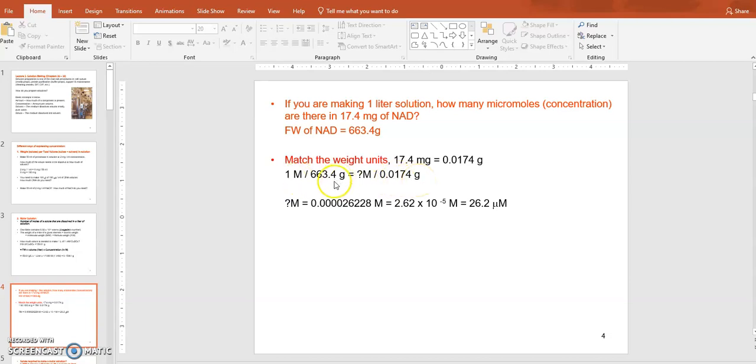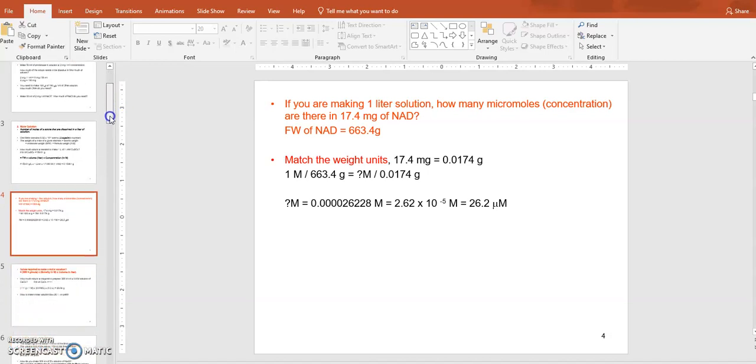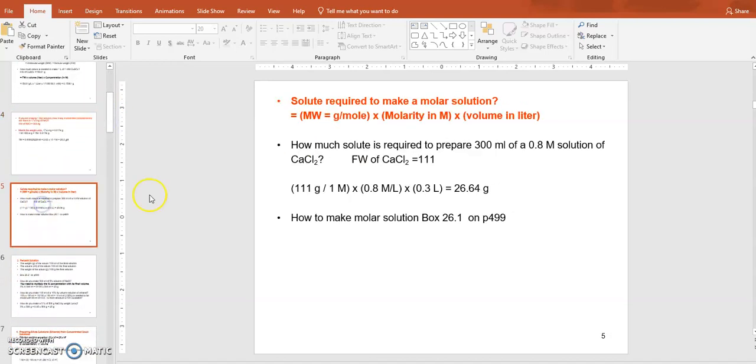If you have a calculator, just do this quickly and solve for the m, and you'll find out it will be 0.000026228 mole, which, if you convert that into a micromole, is 26.2 micromole. Simple math conversion. That's what it is.